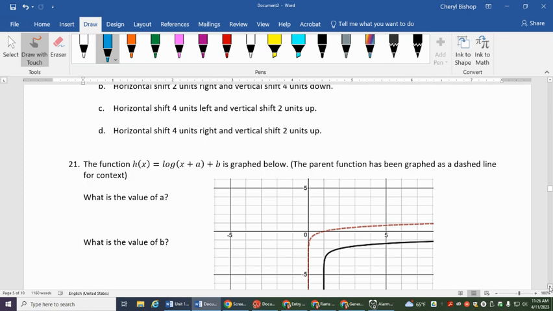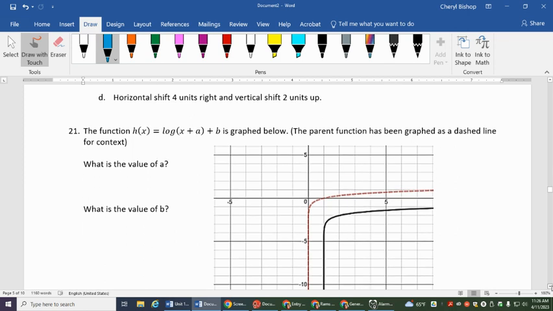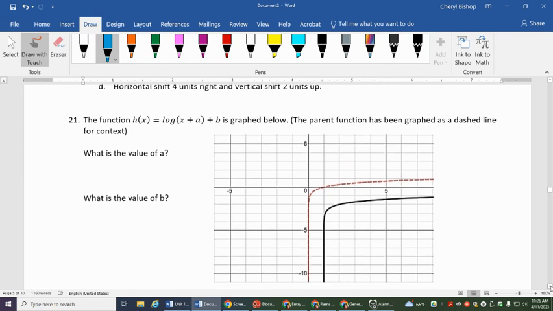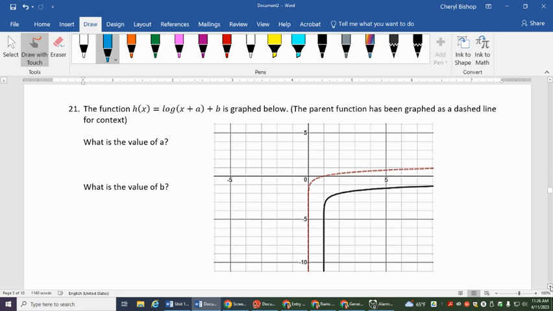All right, the function h of x equals log of x plus a plus b is graphed below, and the parent function has been graphed as a dashed line for context. What is the value of A? What is the value of B? So if I look at my parent function, I like to compare this point because that's going to help me easily see what happened.